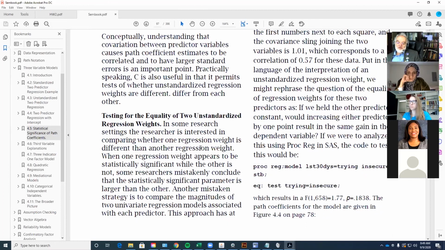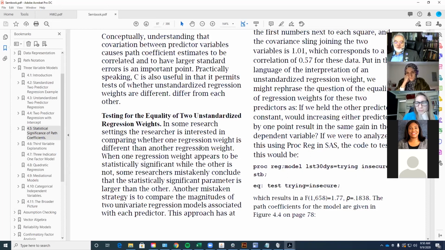And now, the other thing that people do in research articles is to say, well, I ran a regression. This regression weight was significant, the other regression weight wasn't. So now I know that this is more predictive than that. And this is not true. So in my example of ACT scores and grades, since 1989, I've sat on countless policy discussions where people will say, ACT doesn't predict as well as grades.